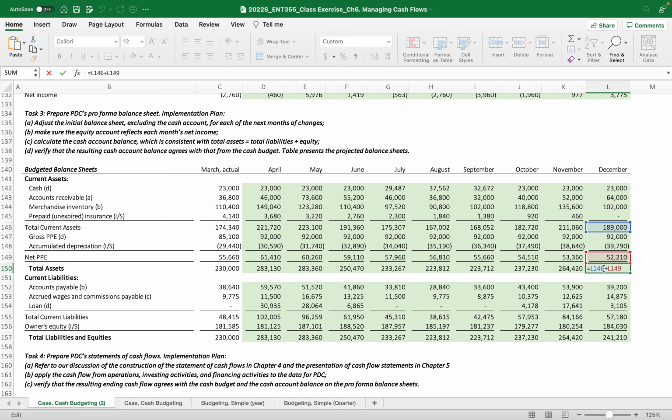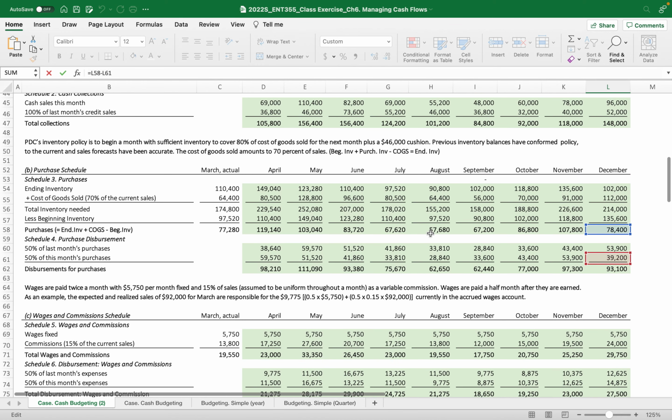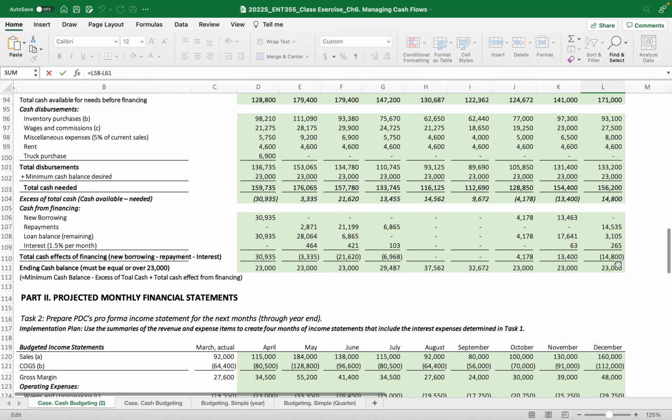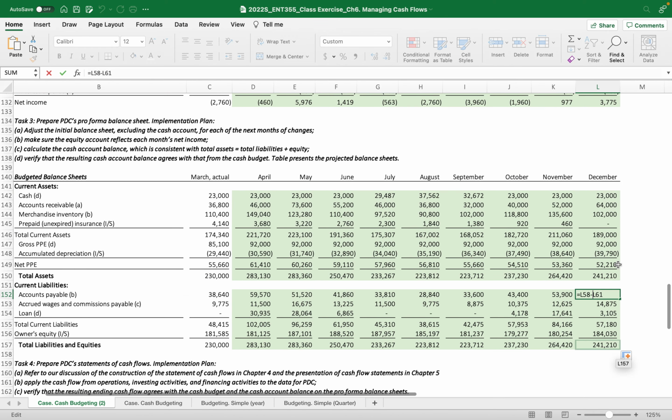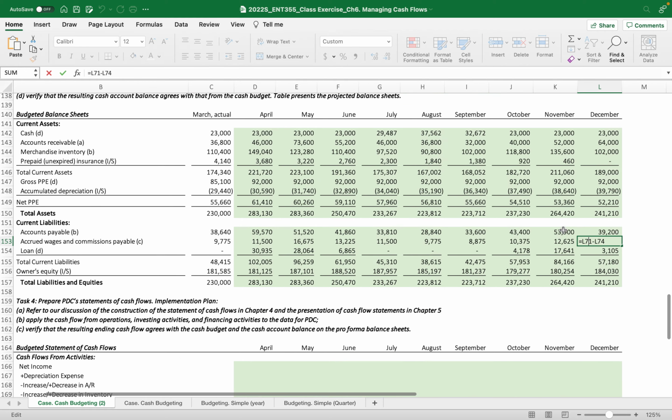Then the total balance of assets and accounts payable on the purchase schedule B. Now the purchased inventory minus 50% of this month's purchase, so the remainder is the accounts payable. And then accrued wages are the same way.